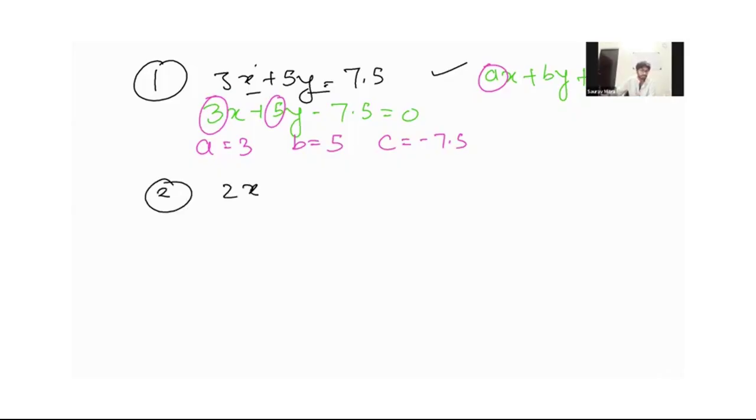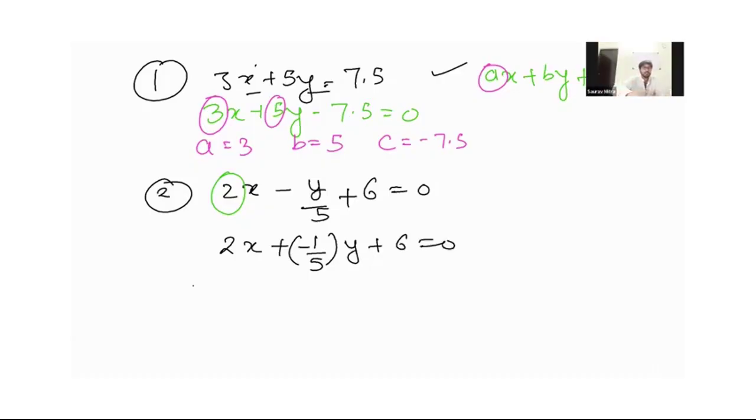If you have 2x minus y by 5 plus 6 is equal to 0, we compare this given linear equation with the standard form. The coefficient of x is a, and the coefficient of y is b. Let's first write it in the pattern form, then it will be clearly visible: 2x plus minus y by 5, plus 6, which is already in the standard form pattern.